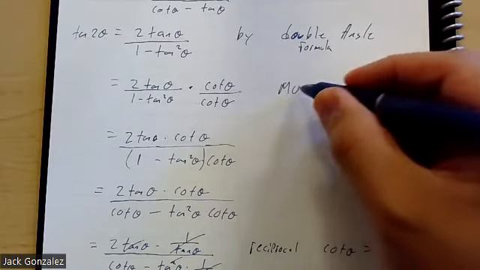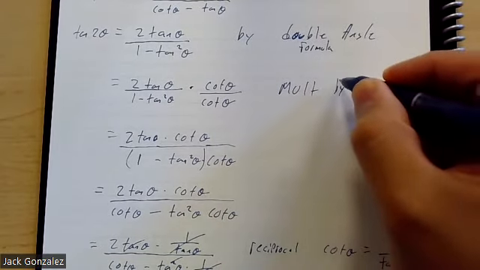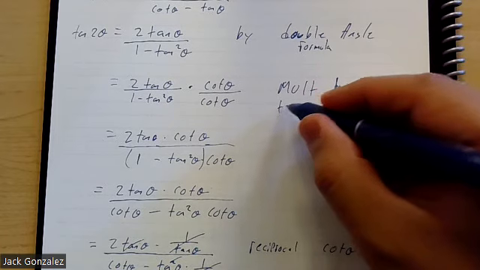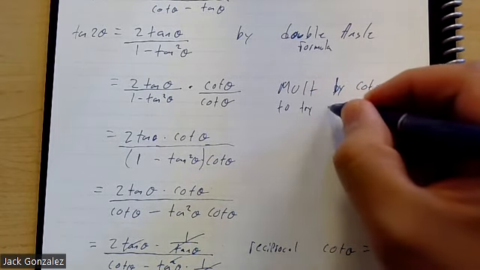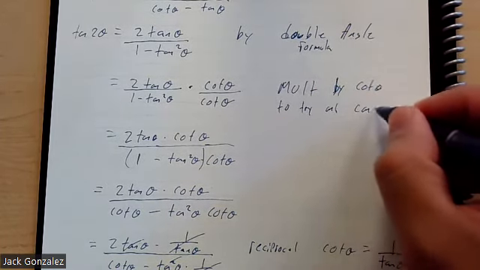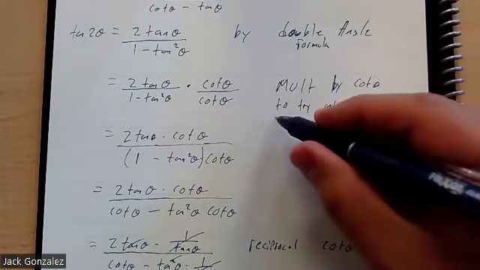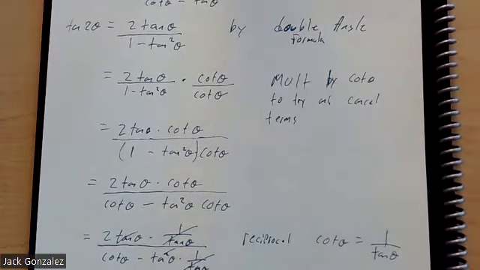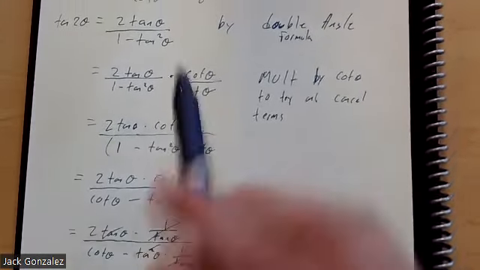Make a little note here. Multiply by cotan to try and cancel terms. That was the thinking behind it. I was trying to cancel that term up top.